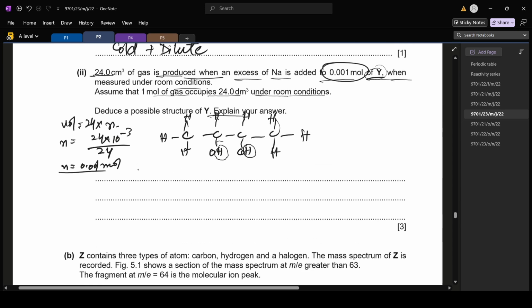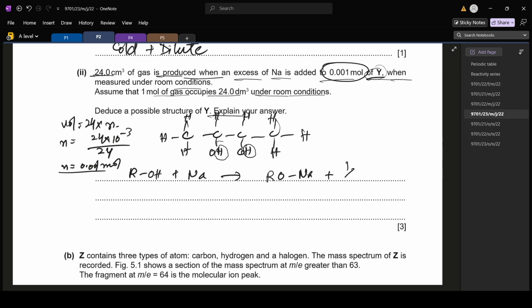So if you write the equation, ROH plus sodium, if they react, you will get RONa plus hydrogen. If there is one OH, the moles of hydrogen formed will be 0.5.